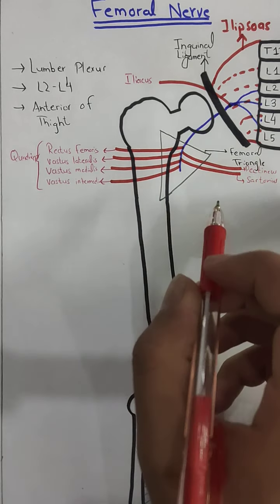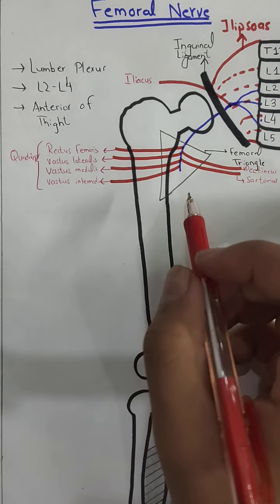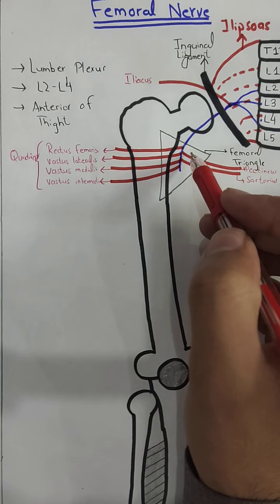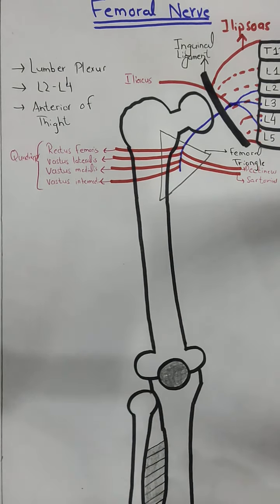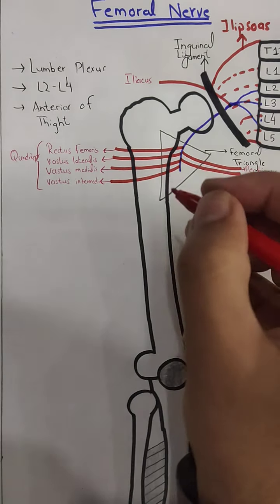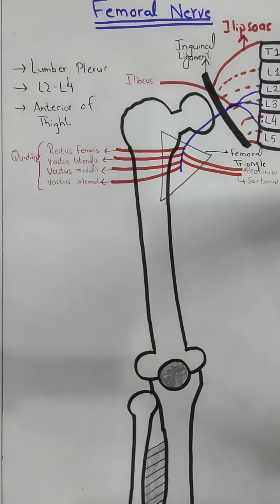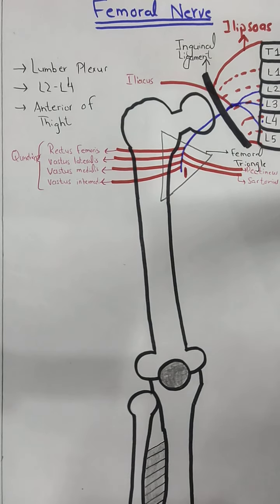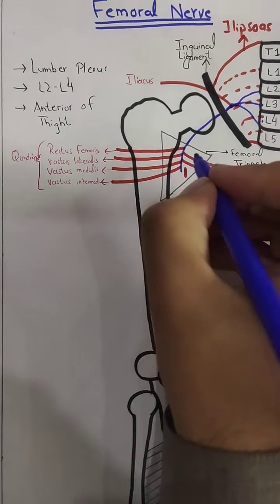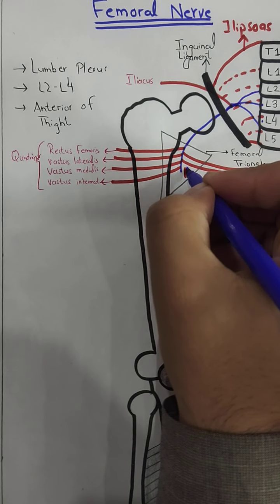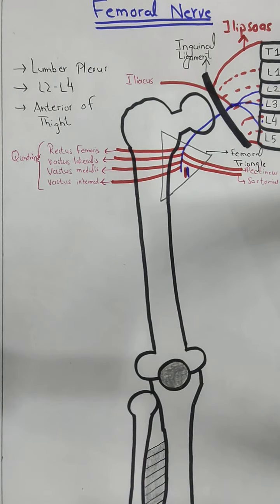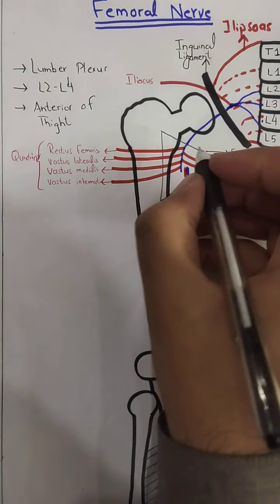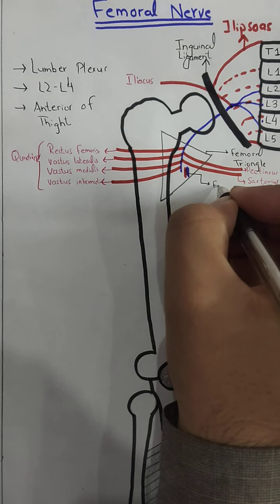Remember that it will give all its muscular, articular and cutaneous branches in this area, the femoral triangle. In the femoral triangle it will be present lateral to the femoral vessels, meaning the femoral artery and the femoral vein. These were the femoral vessels.